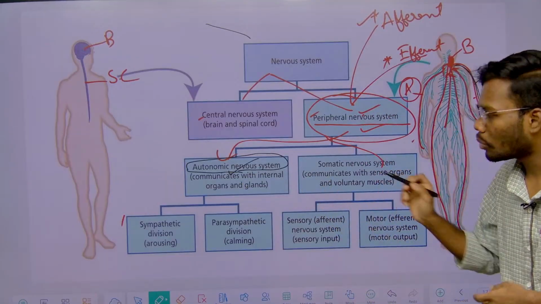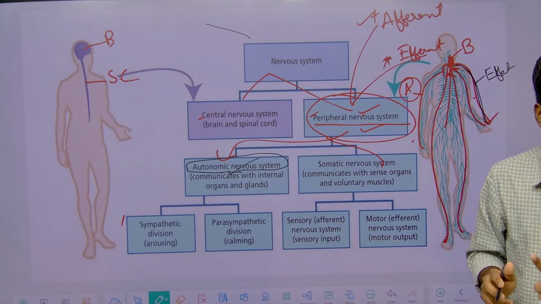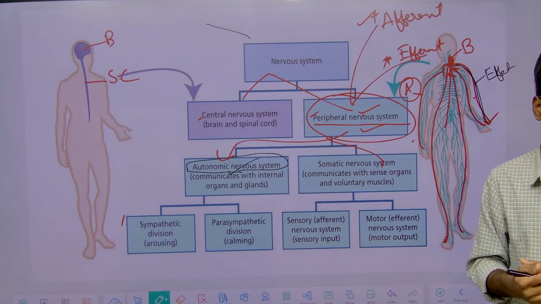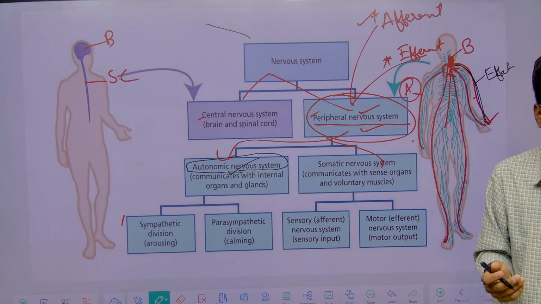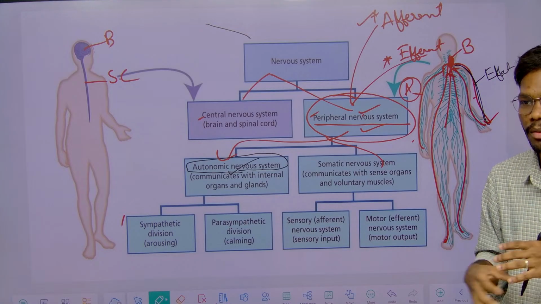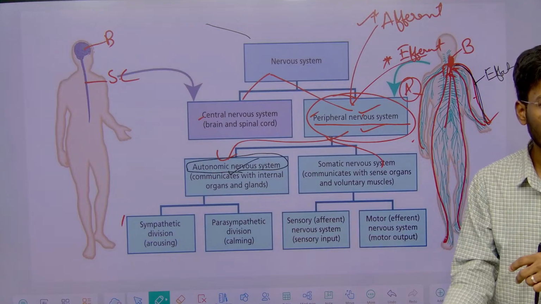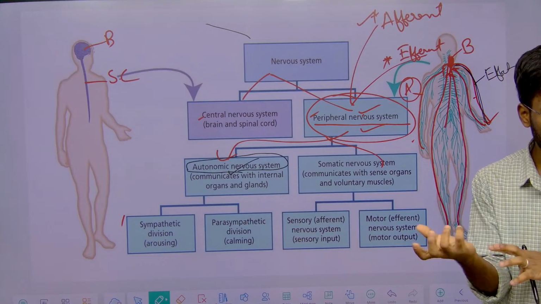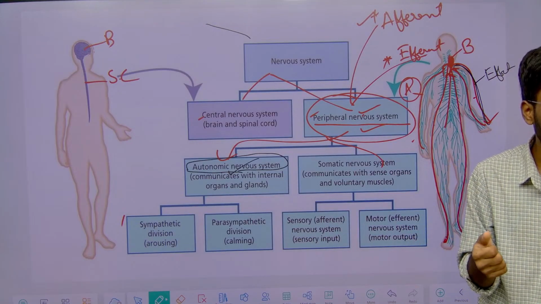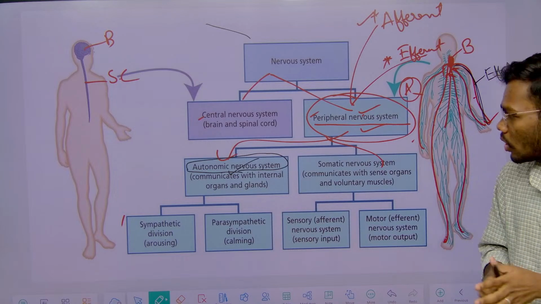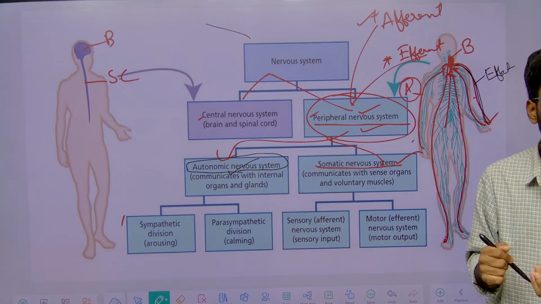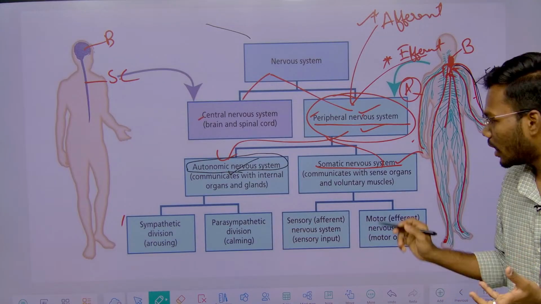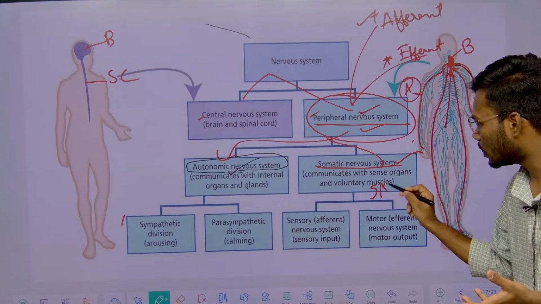Whereas the somatic nervous system communicates with voluntary organs. What voluntary thing do we have? Skeletal muscles, because we can do whatever we want with them. Skeletal muscles are the best example of voluntary action, and the somatic nervous system communicates with them.